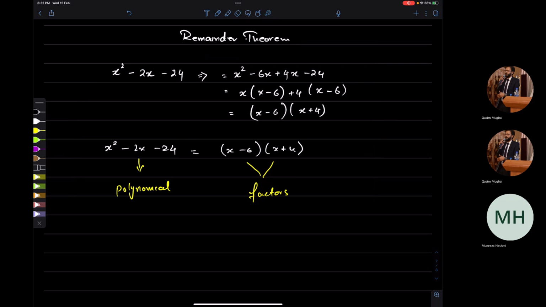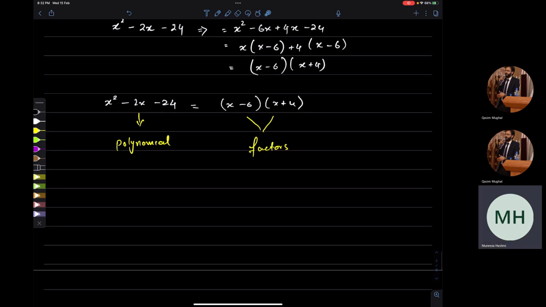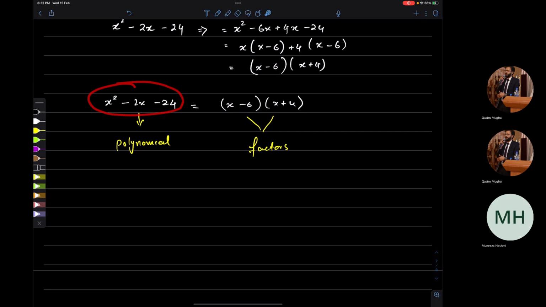Now the question is, if I divide with one of its factors, what would I get at the end?